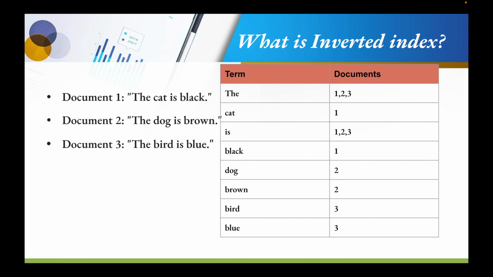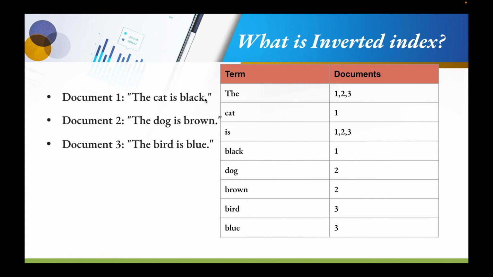Now I would like to discuss what an inverted index is. An inverted index is a fundamental data structure used in information retrieval systems like Elasticsearch. It is designed to optimize the speed and efficiency of searching through large amounts of text data. If you can observe here, we have three documents: document 1, document 2, and document 3.